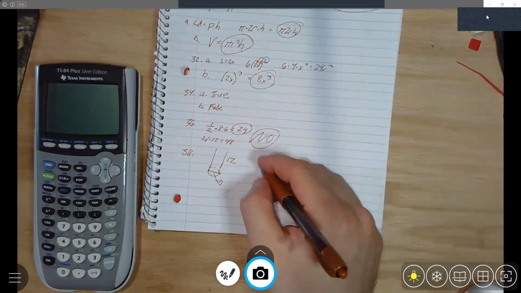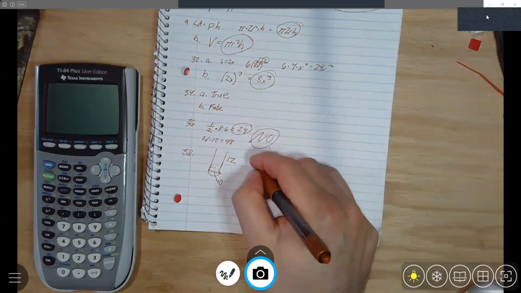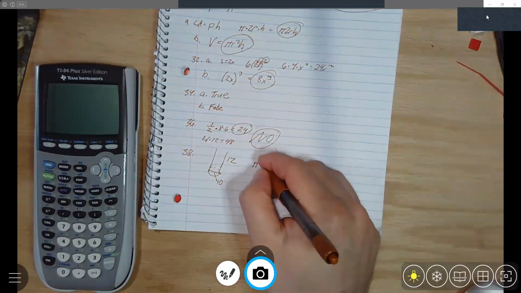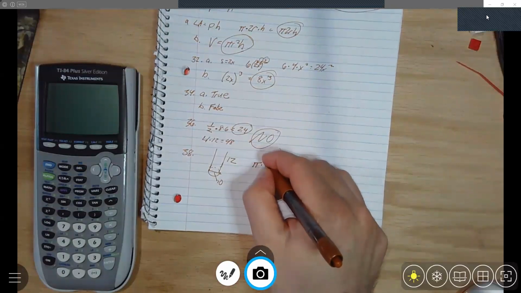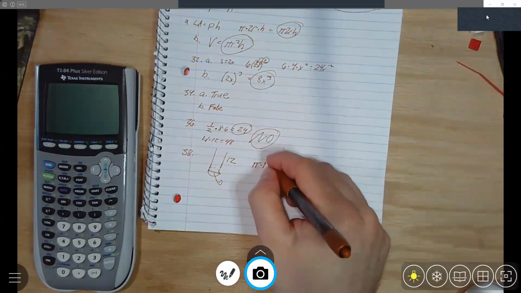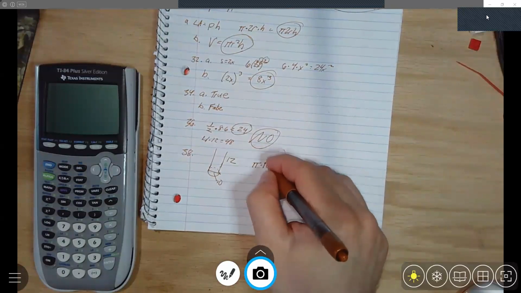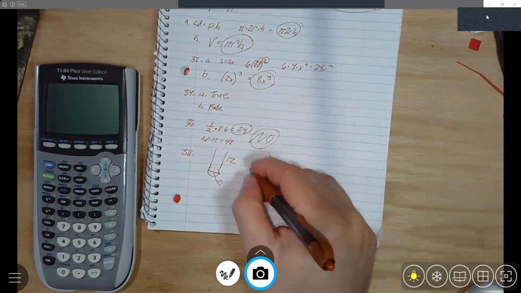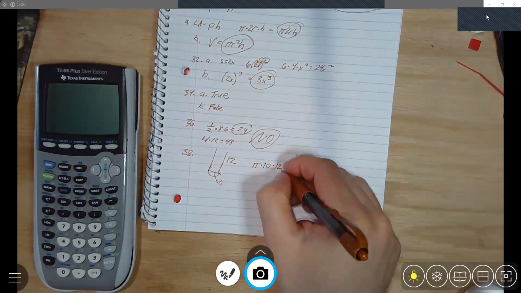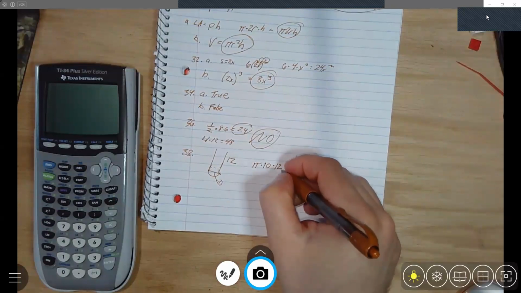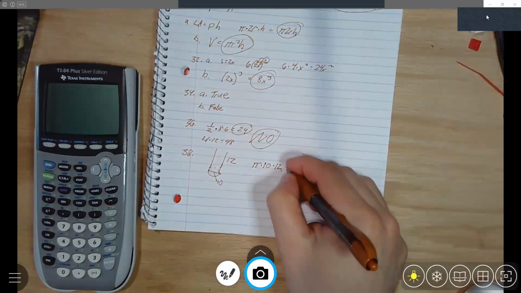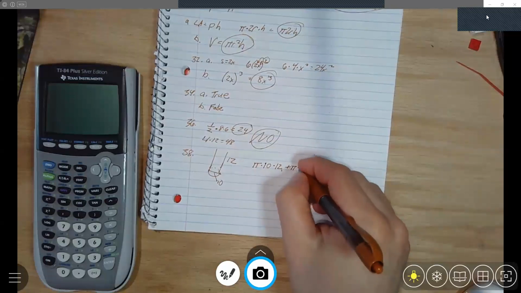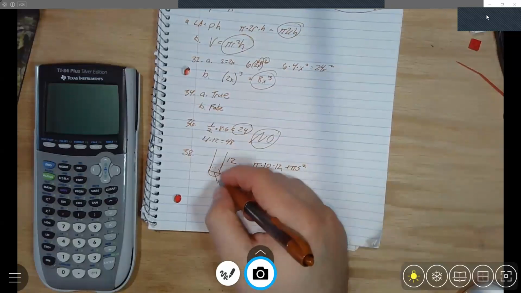So we're going to take pi times 10, that's the circumference of the base, and then times 12, this is the lateral area. But we also need a bottom, so pi 5 squared, the radius is going to be 5.